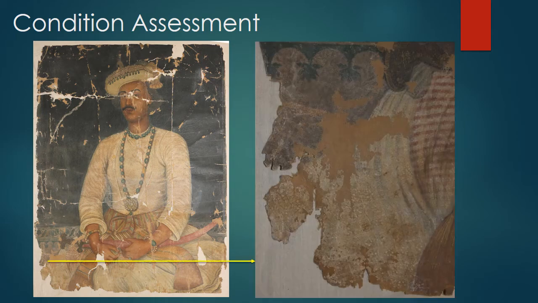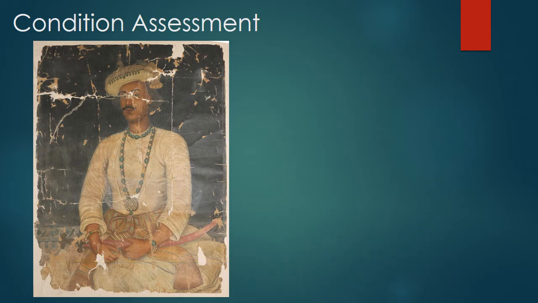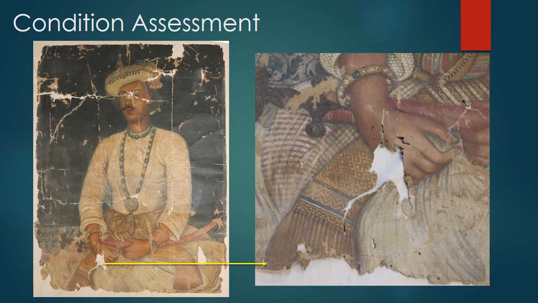This had also led to the flaking and loss of paint layer due to moisture penetration to the ground and loosening the bond or adhesion between the paint layer and ground as well as with the canvas support. Flaking was also due to mechanical damage and insect attack. Due to rolling or other mechanical damages and insect attack, there were many losses in the canvas support.